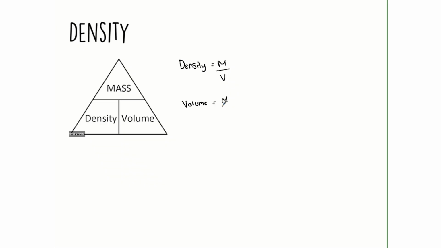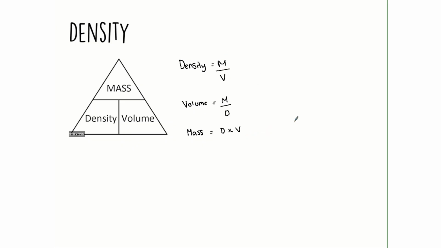And finally, if we wanted to use this triangle to work out mass, it would be density times volume, because these two are sat next to each other. So we need to be confident in the order in which we place these into the triangle to ensure that we're using the correct formula.